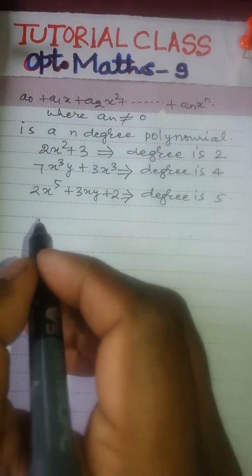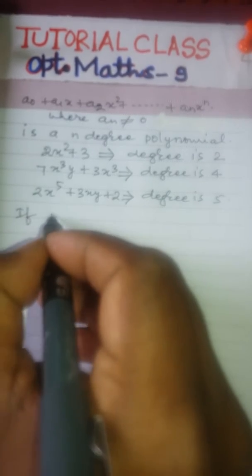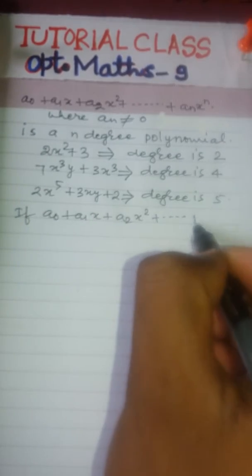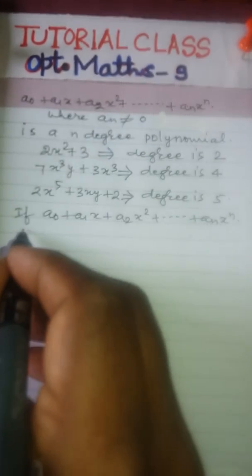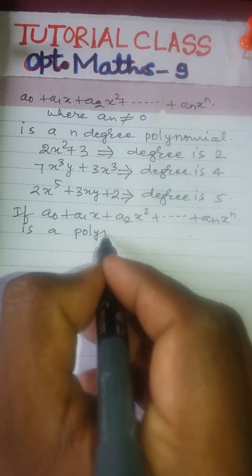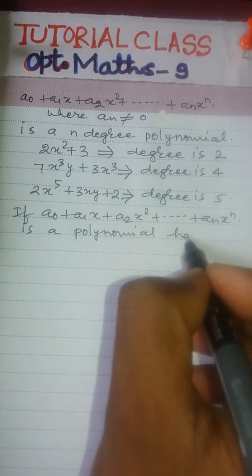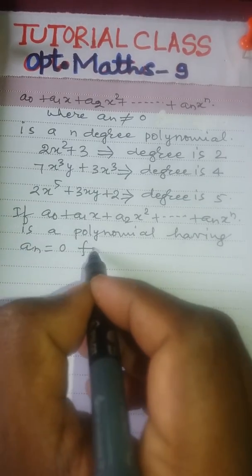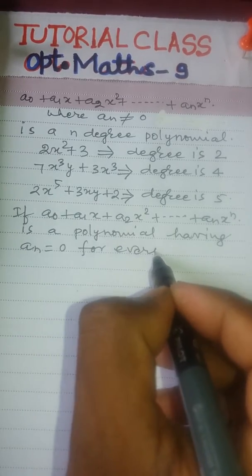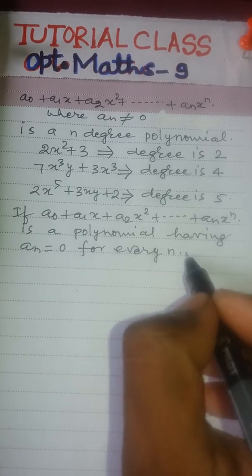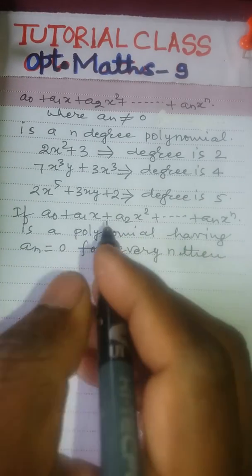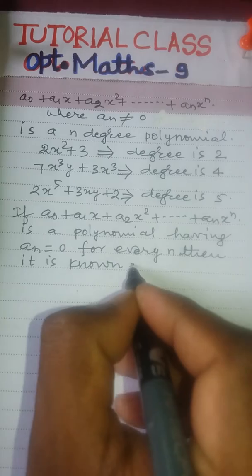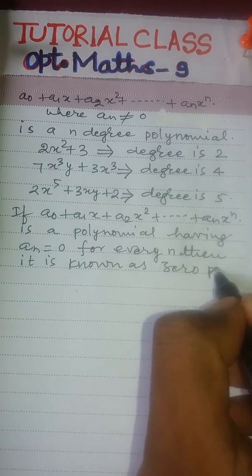Students, see here, if a0 plus a1x plus a2x squared plus dot dot dot plus an x to the power n is a polynomial having an equal to 0 for every n, then it is known as the zero polynomial.